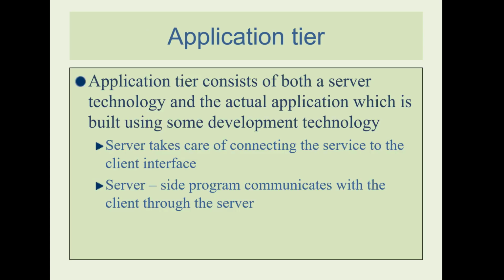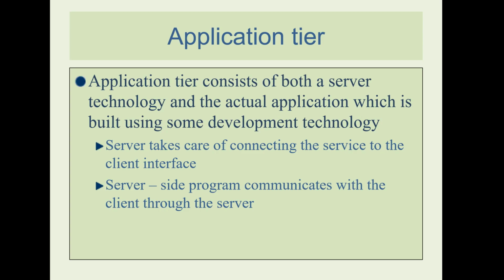And let's have a little bit closer look at the most important tiers that are relevant for this project now. And first let's have a look at this logic tier or the application tier. So application tier consists of both the server technology and then the actual application, which is built or programmed by using some development technology.